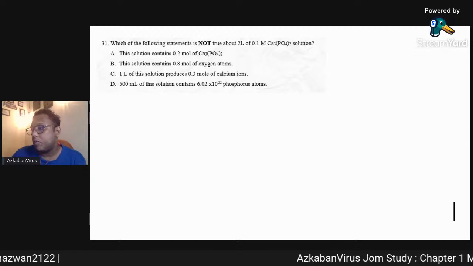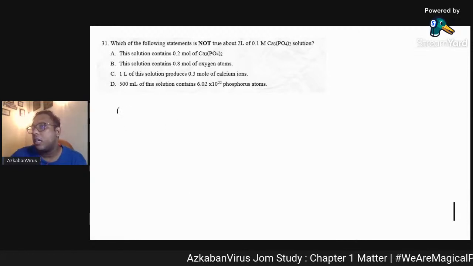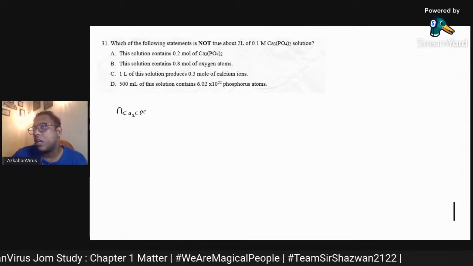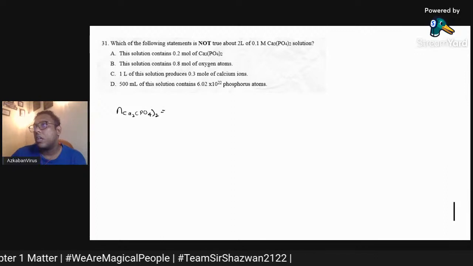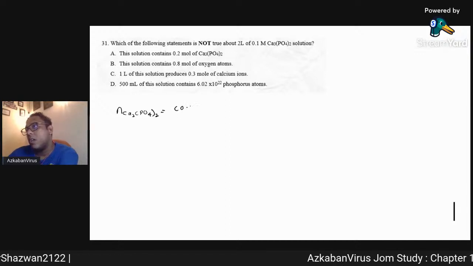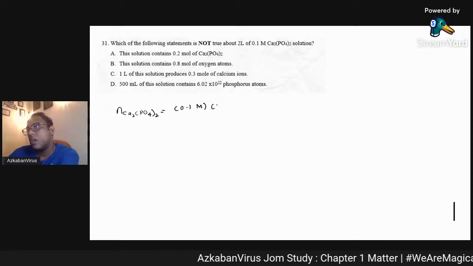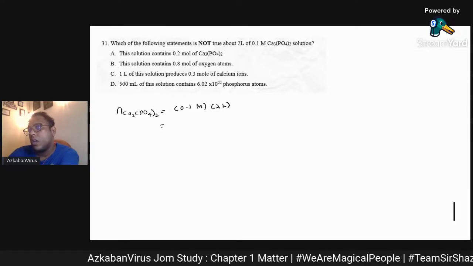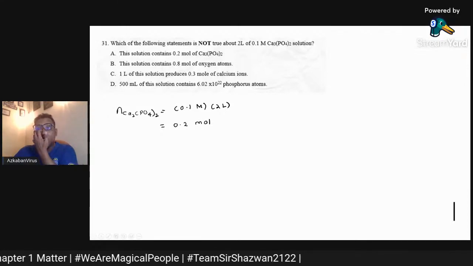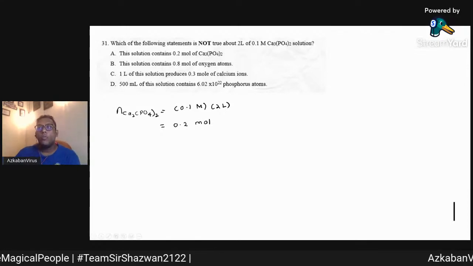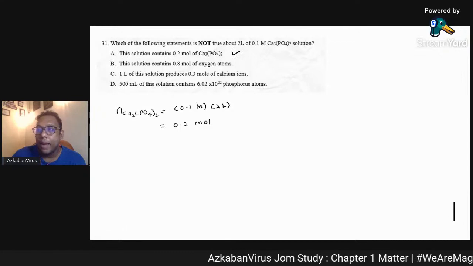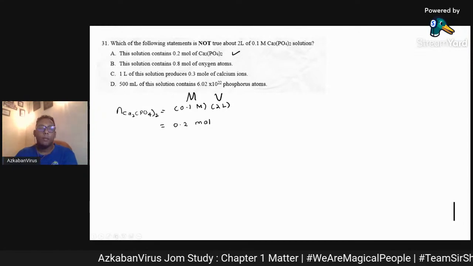So, molarity dia, mole dia adalah... okay. So, statement yang pertama, the solution contains 0.2 mole of calcium phosphate betul. So, statement ni betul sebab daripada MV, molarity darab volume, kita akan dapat mole dia.